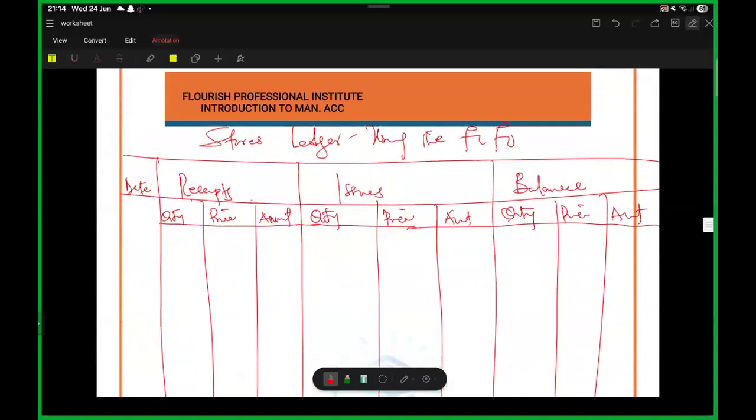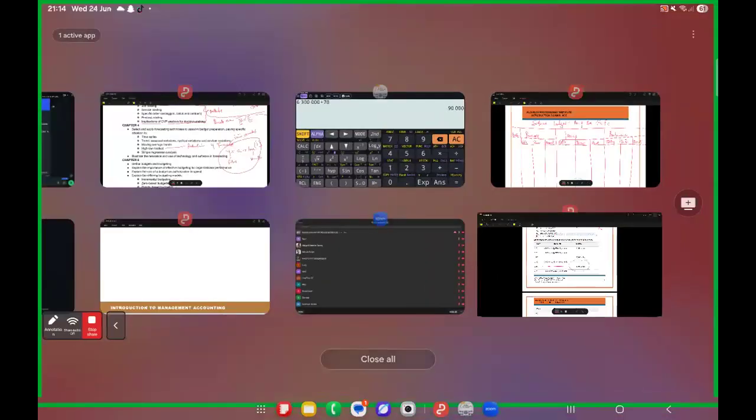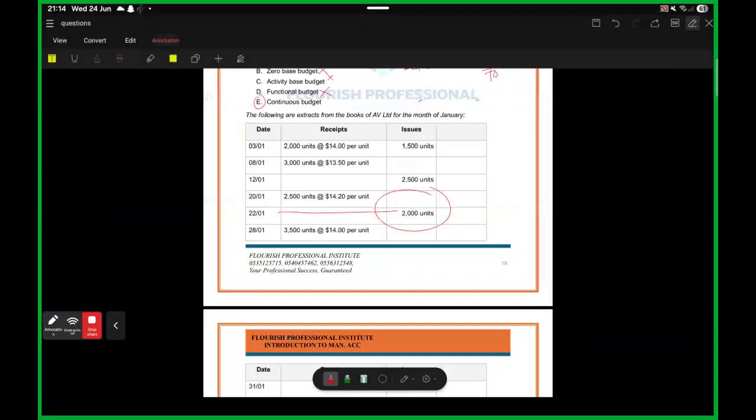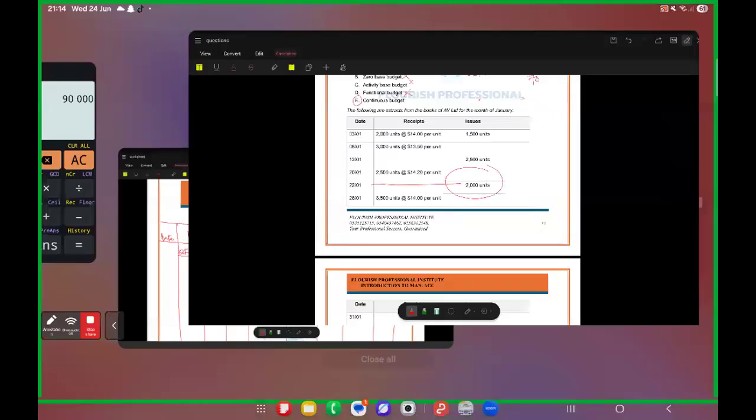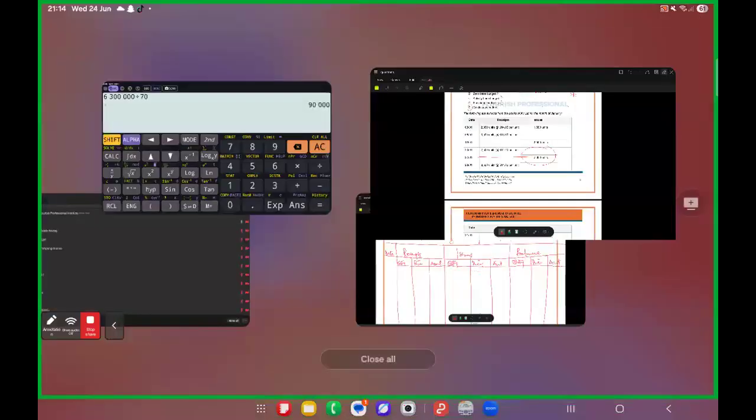On 3rd January, we had a receipt of 2,000. The price was 14, right?